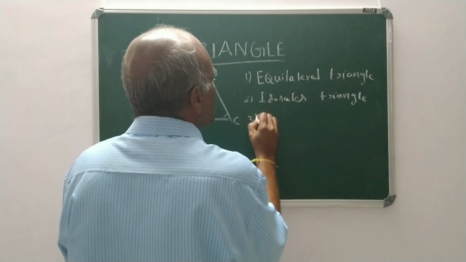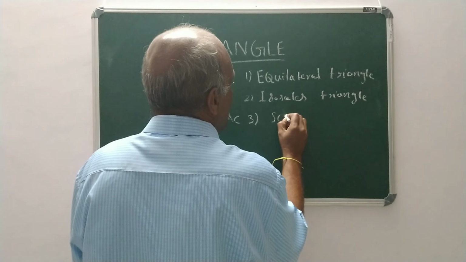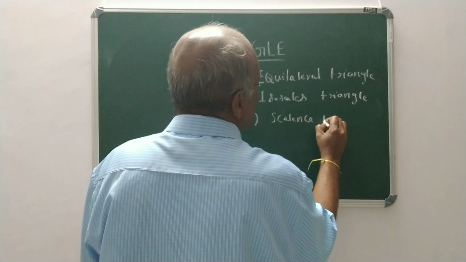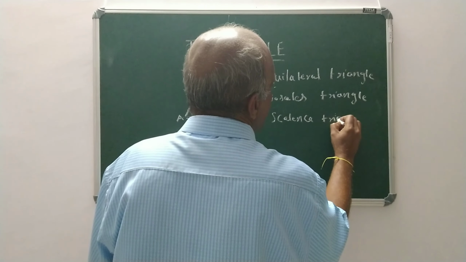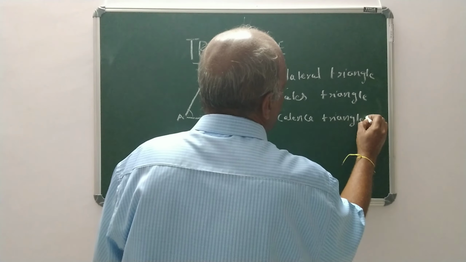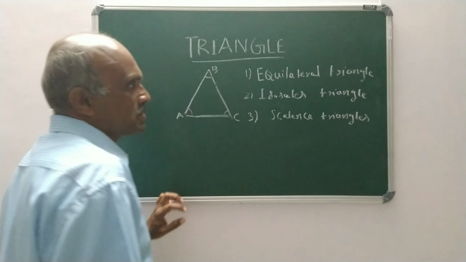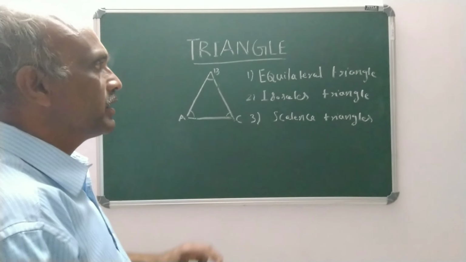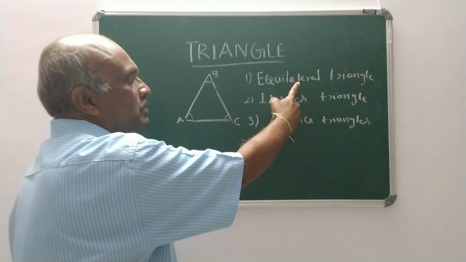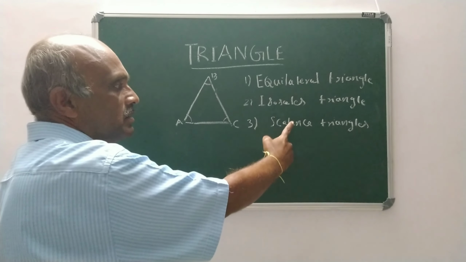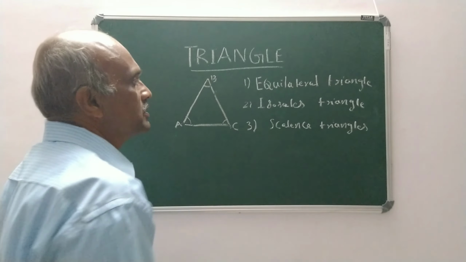The third one will be the scalene triangle. So these are the three types of triangles. First, now we are going to understand what exactly is meant by an equilateral triangle. Then we are going to understand isosceles and scalene triangles.